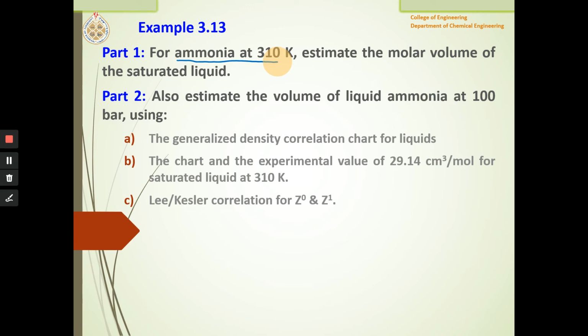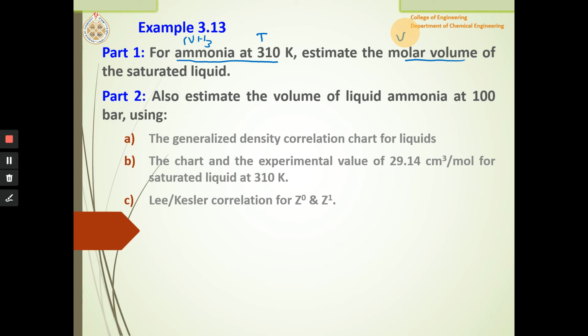So here in this example, again, this is example 3.13. I just modified it to cover as many methods as possible so ideas become clear for you. We have ammonia, which is NH3, and that ammonia at temperature of 310 Kelvin, they want us to estimate the molar volume. And again, they have to mention, is this volume of liquid or volume of vapor?